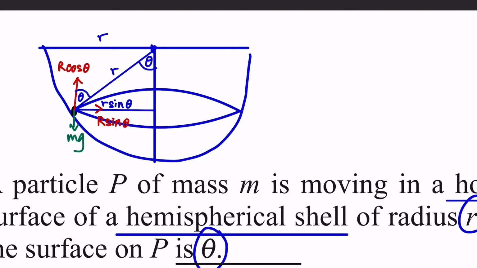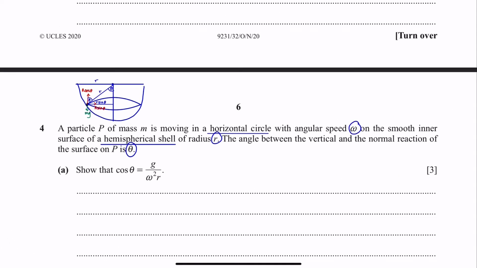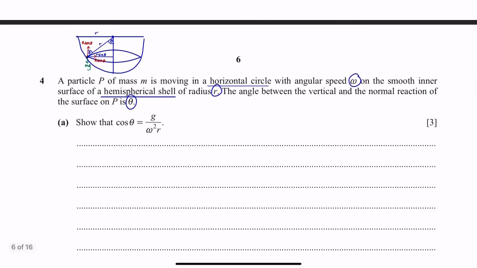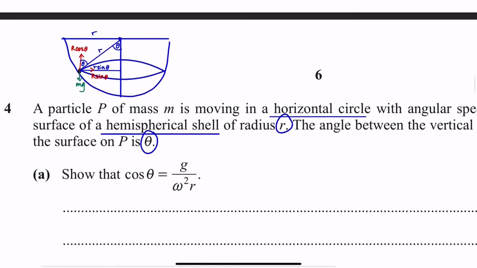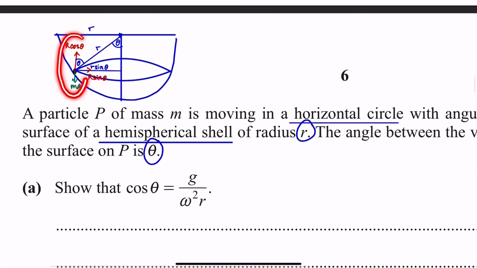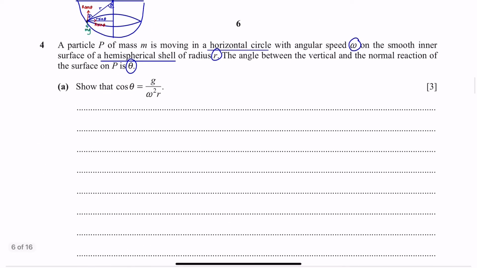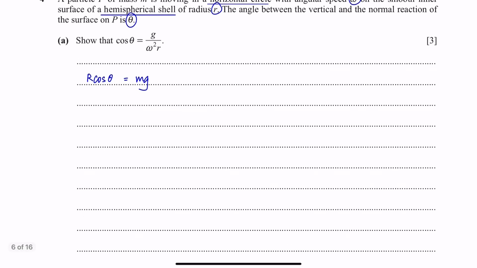So now we can erase this. So from all this information, we know that the vertical forces definitely will be equal to each other. So we have R cos theta equal to mg. And let's make R the subject. So we have R equal to mg over cos theta.